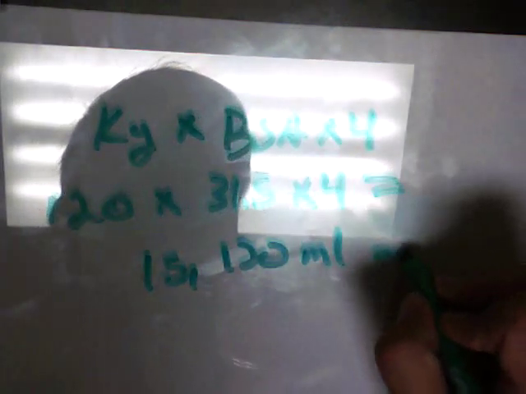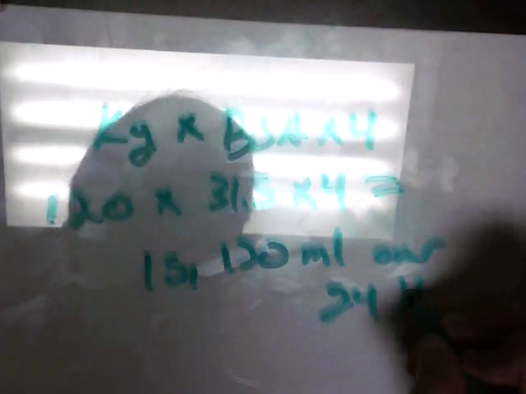The kilograms is going to be 120 because I gave you that in the question. Body surface area is going to be 31.5, times 4. So we do that math, and that's going to equal 15,120 milliliters of fluid over 24 hours.